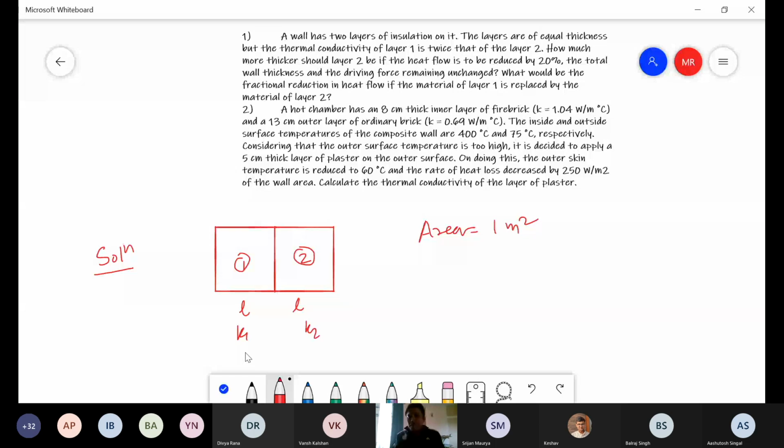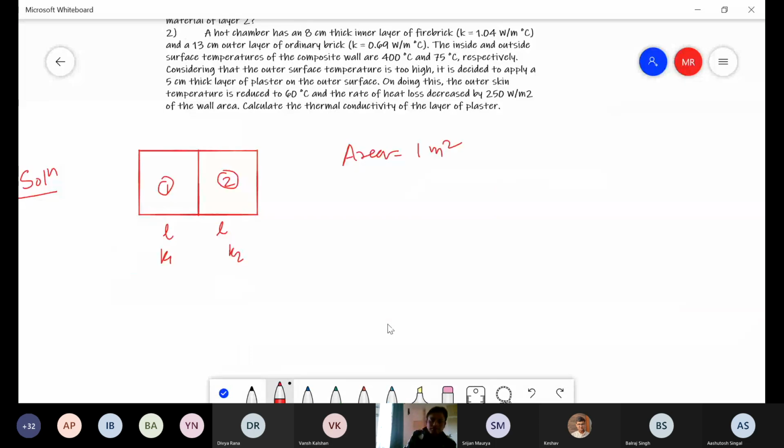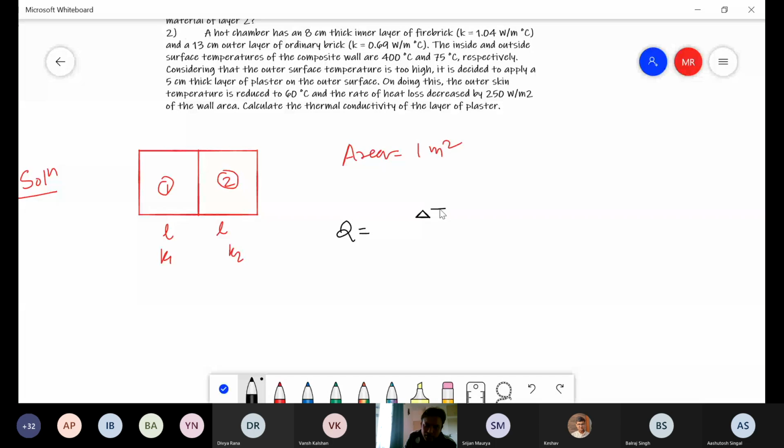Now if we assume that the length is the same, then the rate of heat transfer Q can be given as delta T divided by L by K1A plus L by K2A.